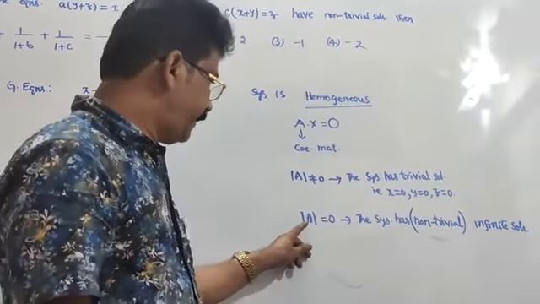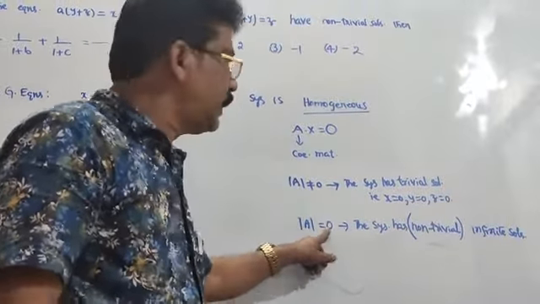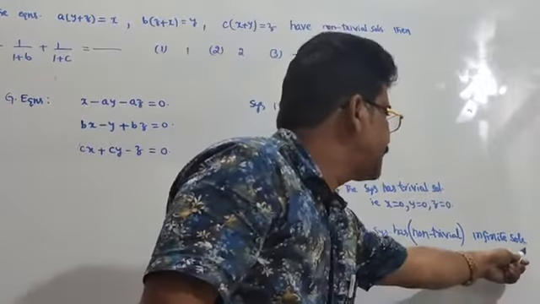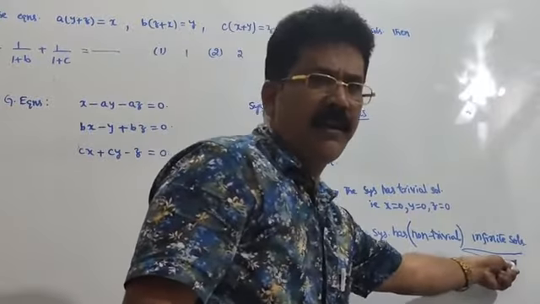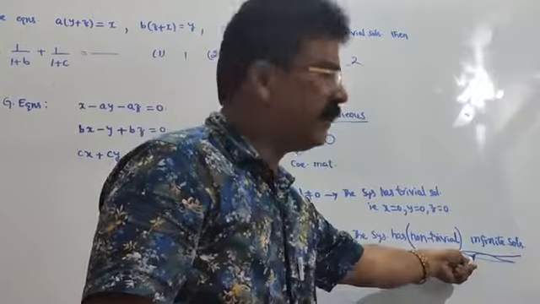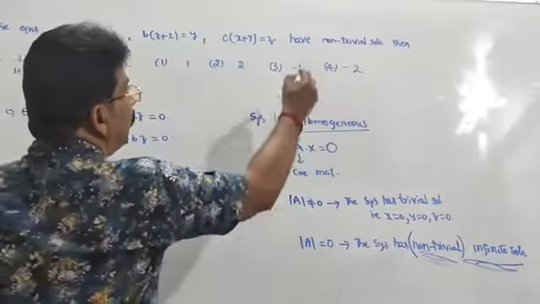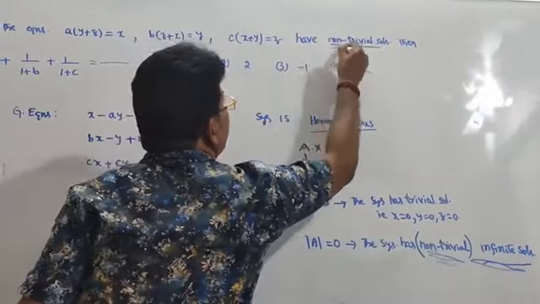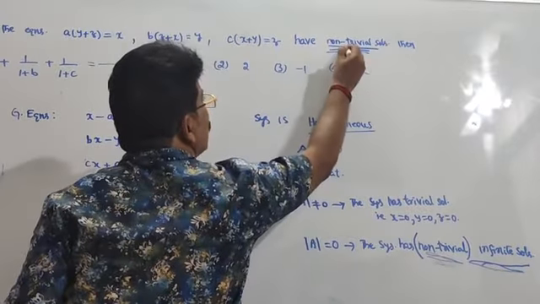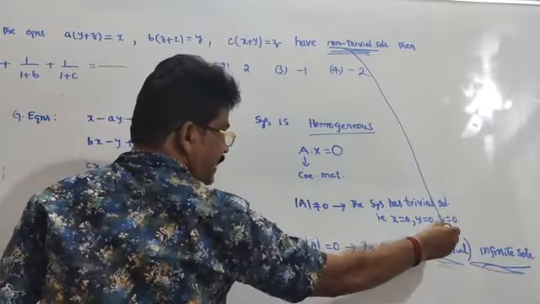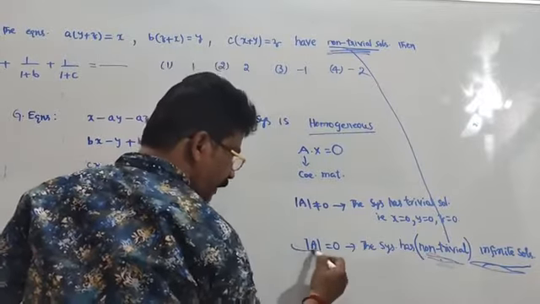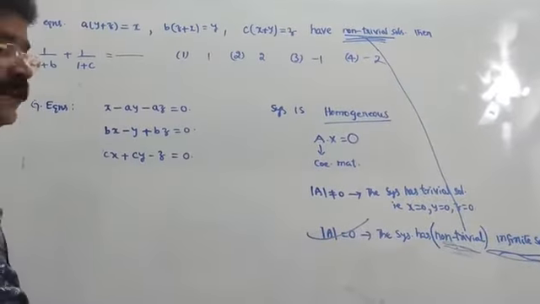Once again, if the determinant of A is 0, then mainly the system has infinite solutions, which are non-trivial. So the given problem says the system has a non-trivial solution. Therefore det A equals 0.